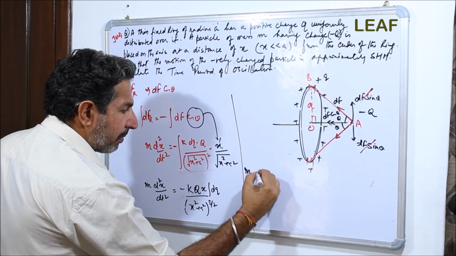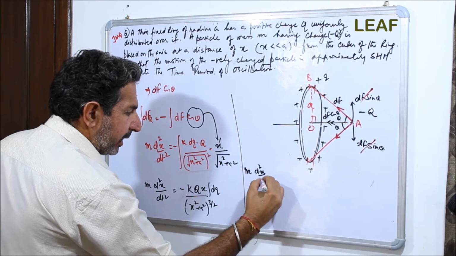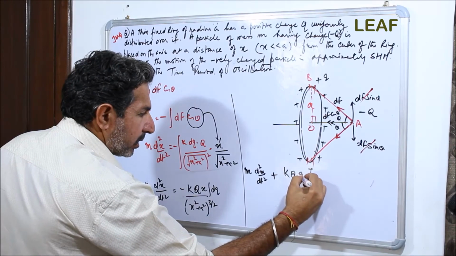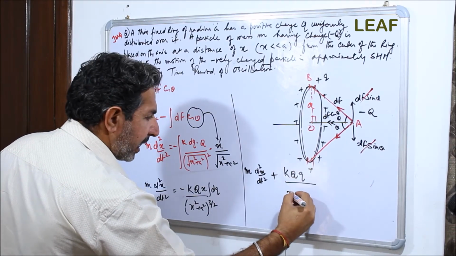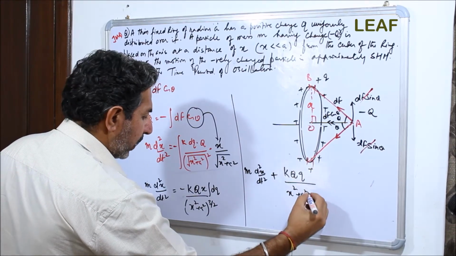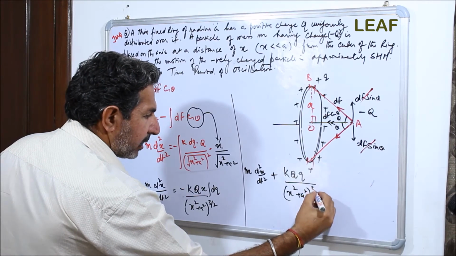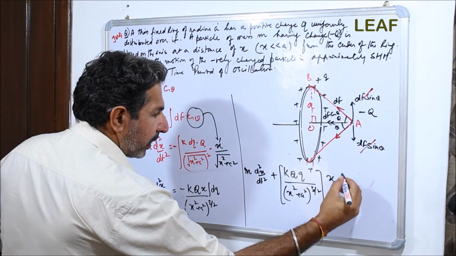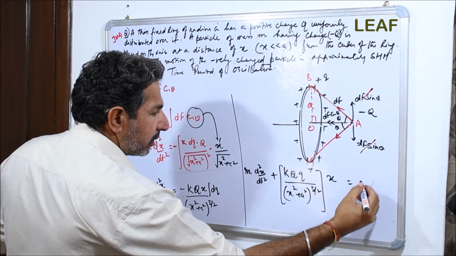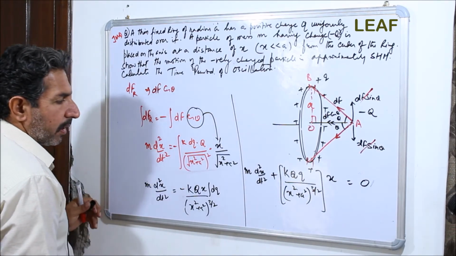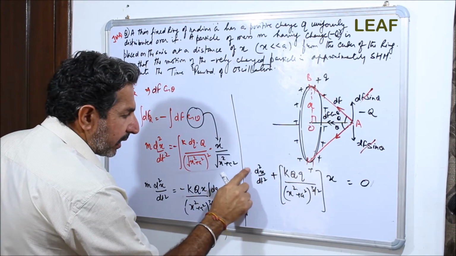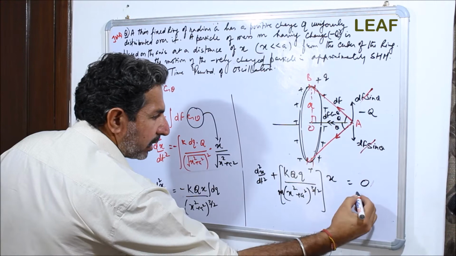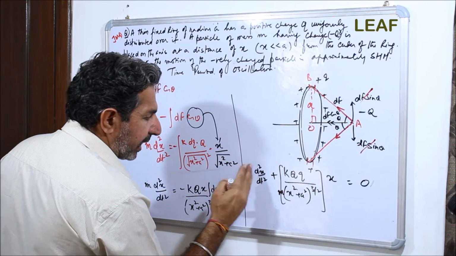So it will be m d2x by dt2 plus kQq divided by (x square plus a square) raised to power 3 by 2 into x is equal to 0. There is another adjustment that I can move this m from this point to this point, since I have taken m as common.